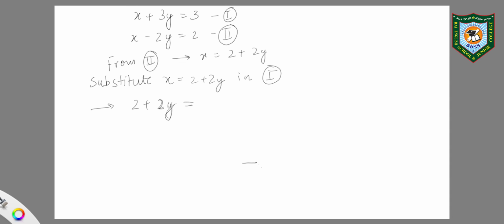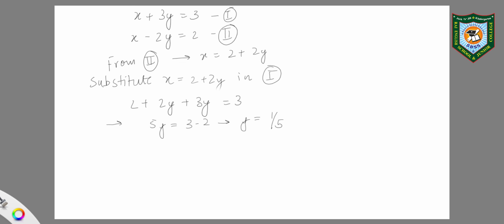We missed our plus 3y, so we're going to solve this again. I have x is equal to 2 plus 2y, so 2 plus 2y plus 3y is equal to 3. That gives me 5y is equal to 3 minus 2, which is y is equal to 1 divided by 5.